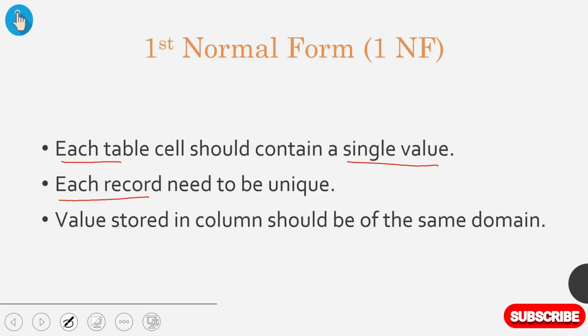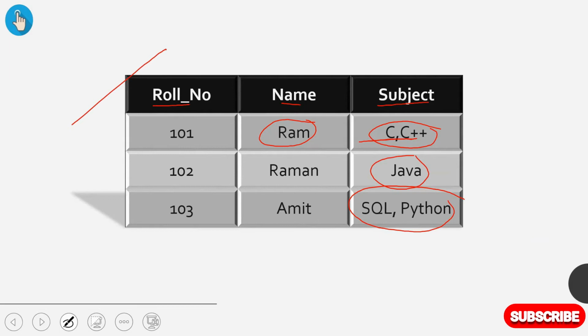Each record should be unique, and the values stored in your column should be of the same domain. Here we have seen the properties or rules, and by looking at this table you can say that it is not in 1NF, the first normal form.